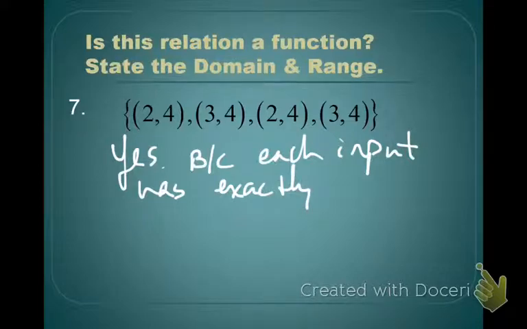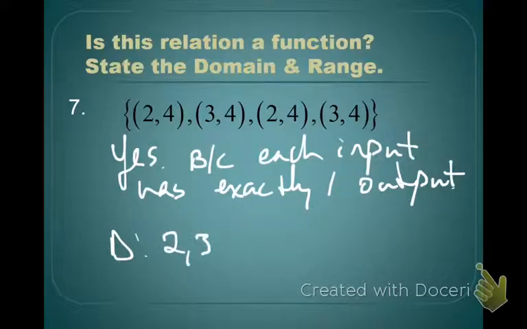Has exactly one output. I want to keep talking about that. Inputs and outputs. Domain, you see there? Just 2 and 3. Range. Again, those are your y's. And your range apparently is just 4. Okay? Good?